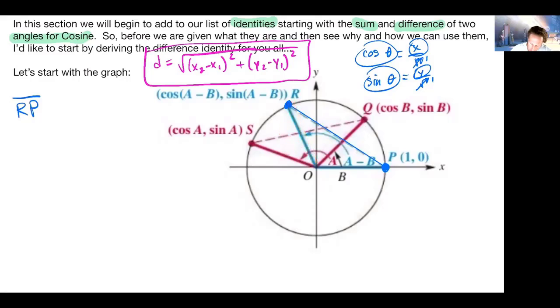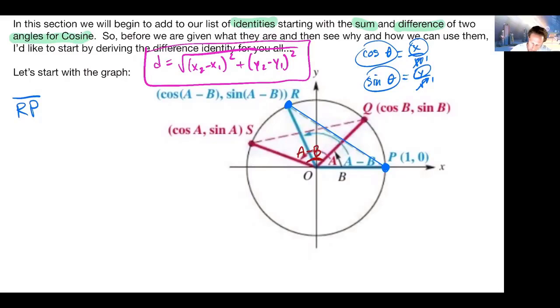And so we knew that this angle was A minus B. But if this right here is B, and all the way over here was A, then if we subtracted off the B from the whole thing that makes up A, then this too would also be A minus B in red here.